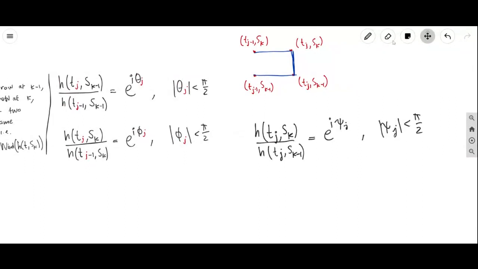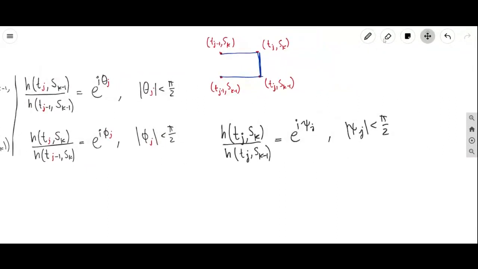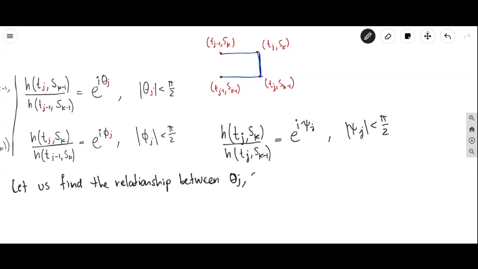So let's find the relationship between these three. There's a relationship that exists between all of these three angles, theta j, phi j, and psi j.